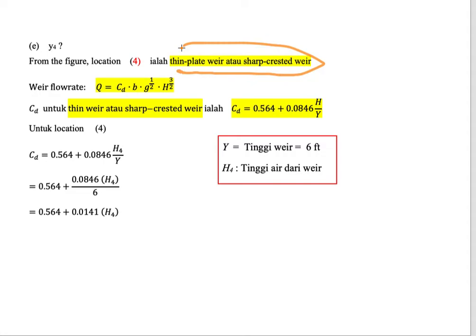It is equal to CD equals 0.564 plus 0.0846 H over Y. Then we need to calculate the H over Y. The H4 here is the height from the weir, and the y here is the height of the weir. So this is the height of water above the weir.